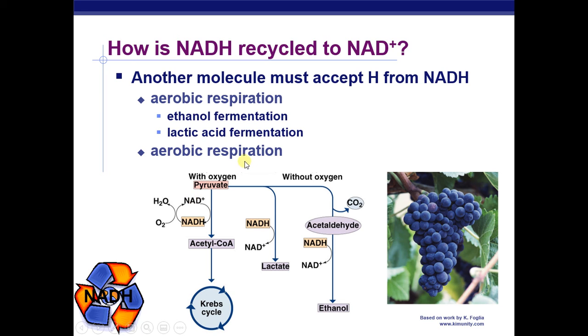With oxygen present, we can recycle some NADH back into NAD plus by it being utilized in other steps of cellular respiration. Without oxygen, it is used in a process called fermentation, which is how a lot of early organisms made their energy, because it only utilizes glycolysis.